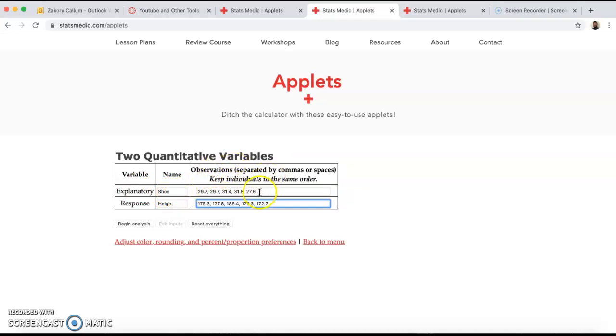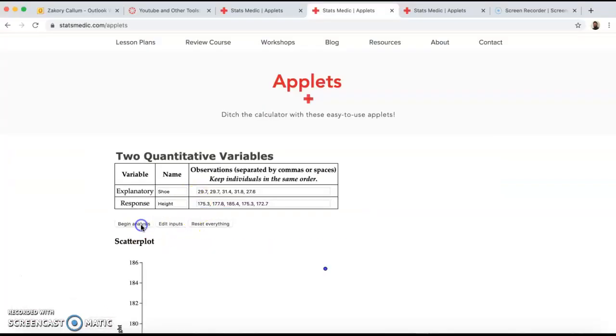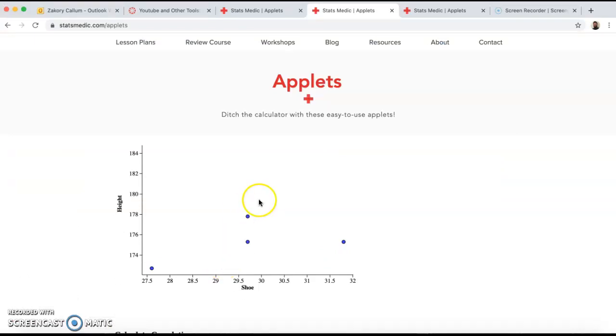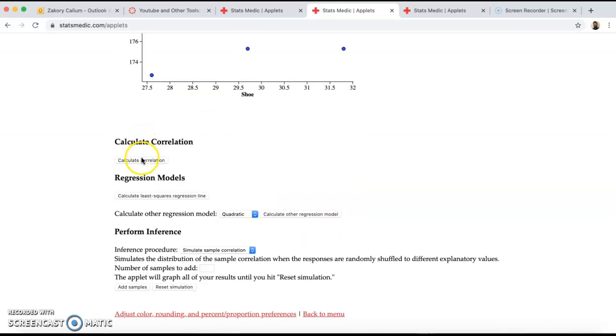The way you put in the data here is you have to actually type it in. So I pasted it in here so you don't have to watch me type all that in. Notice it says separate by commas or spaces, or you can do both. Once I've got all those values typed in, then I just click begin analysis. It gives me that same scatter plot. Keep scrolling down, and then I can just go ahead and click calculate correlation.